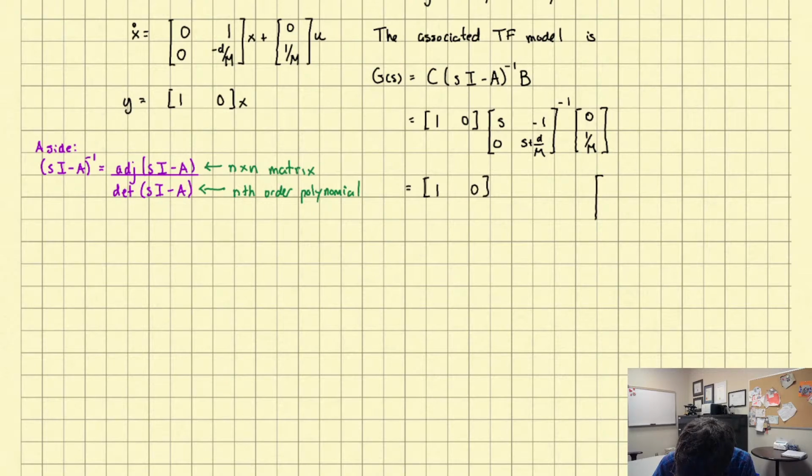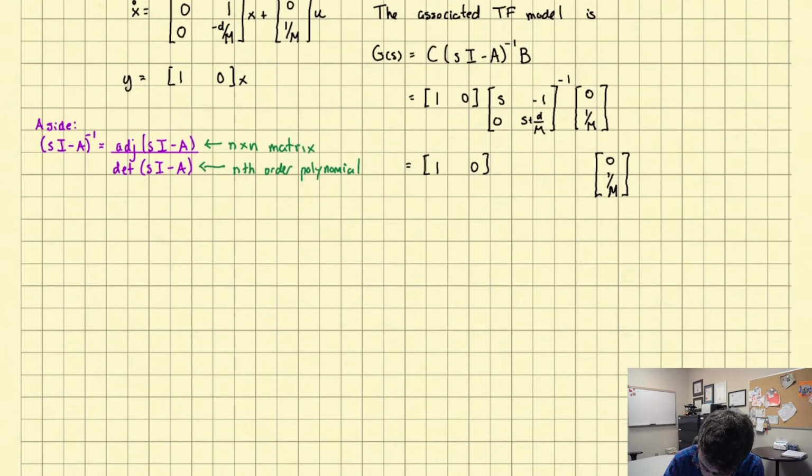I'll leave space for the inverse here, just to walk you through it and remind you how it's done. The determinant of a 2 by 2 matrix is going to be the product of the diagonal elements minus the product of the anti-diagonal elements. And that's going to be our polynomial at the bottom here. So this will be our adjoint here.